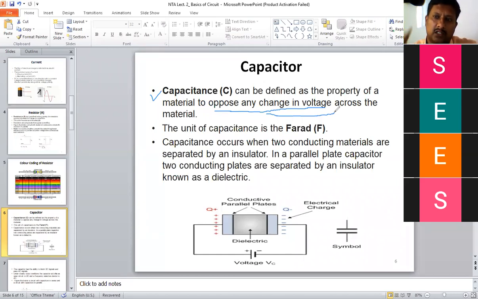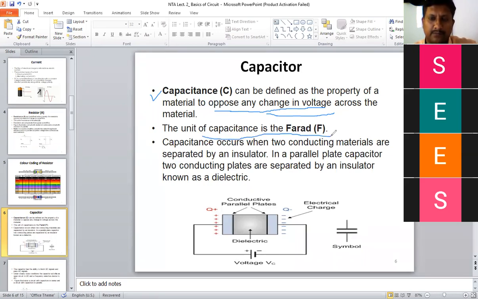If the voltage across the capacitor changes, first of all, it will try to oppose it. And once the voltage becomes constant, then it will try to charge itself. So it is the property of the material which measures the opposition to the change in voltage across the material.